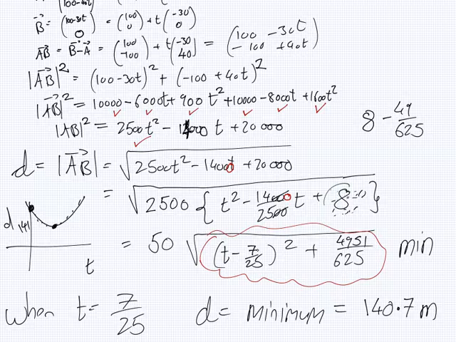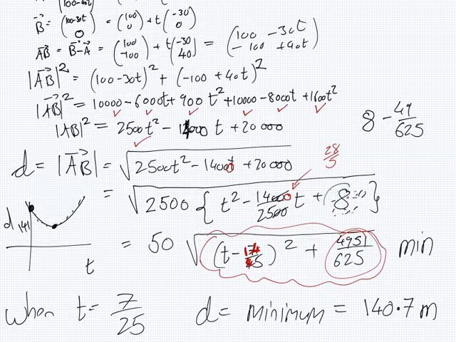So that should have been 28 over 5, so now it's going to be 14 over 5. And then this one's going to change as well.